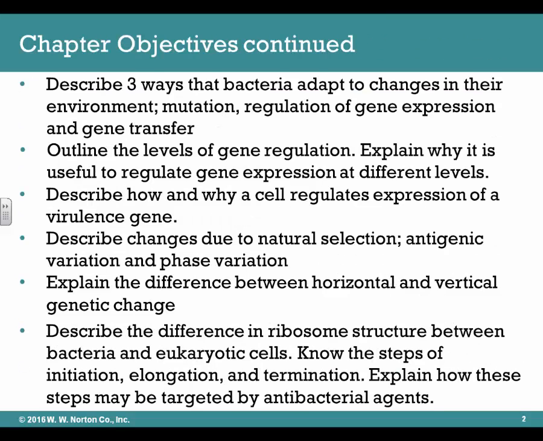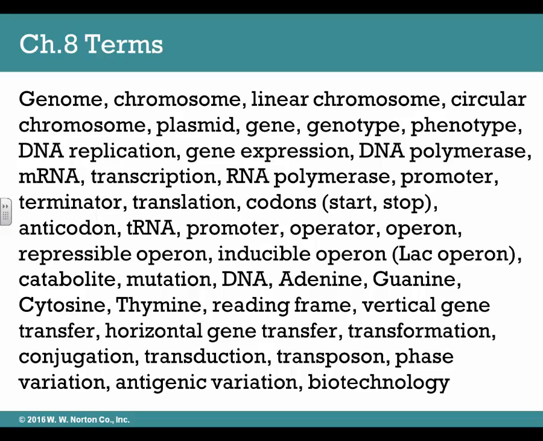And we'll go over the structure of the genome and the components of the genome, as well as some ways that the genome can be modified or regulated in order to adapt to the environment. Here again, as usual, is a list of terms that you should be familiar with after reading the chapter and listening to this lecture.